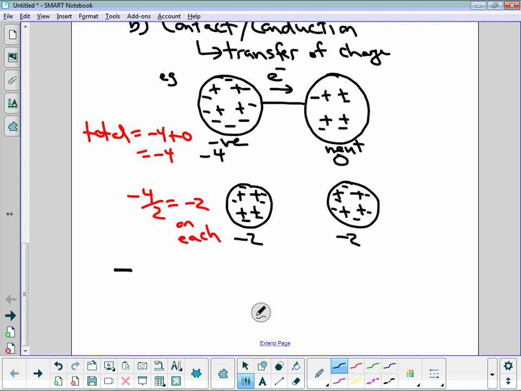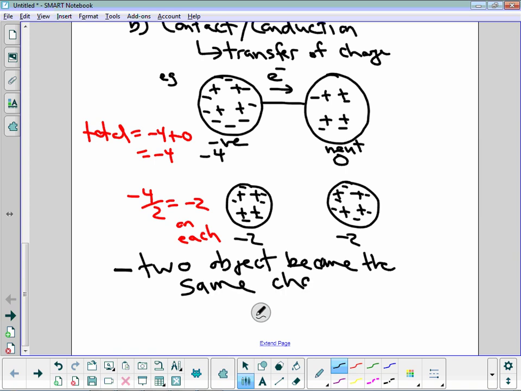Yep, Jack? How many negatives? 2 negative things. In other words, it becomes the same charge. All right? The 2 objects become the same charge. So when we do it by conduction or contact, the 2 objects will become the same charge.